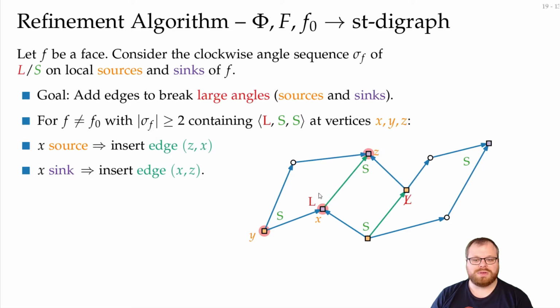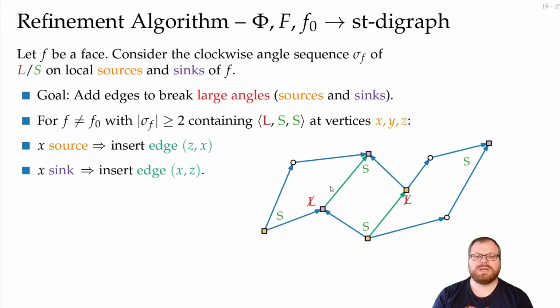Now again, if we look at this large angle, it gets split, and the 2 new angles are neither small nor large, and this is not a global sink anymore, so we removed it. And now we have this supergraph where we just added 2 edges, we eliminated all the large angles, and we got rid of all the global sinks and sources that have their large angle at this face.